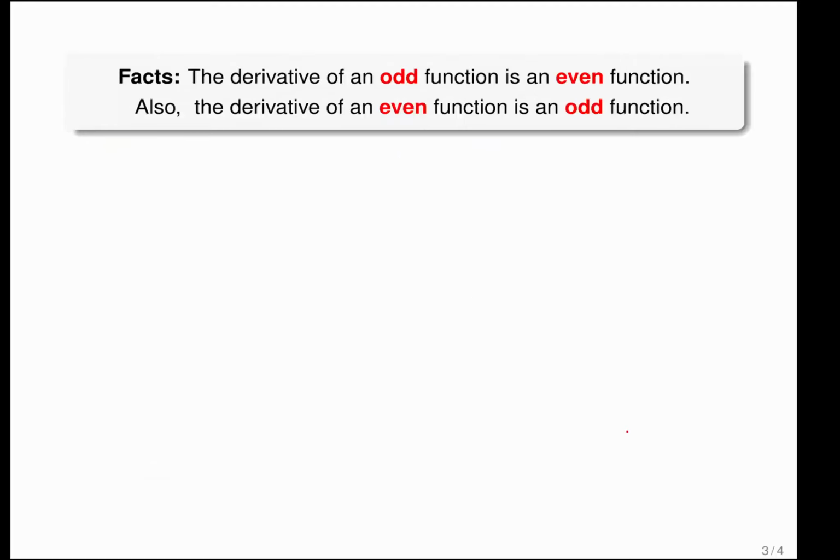That is, if you differentiate any odd function, you will get an even function. And moreover, if you differentiate any even function, you will get an odd function. The general proof of this is beyond the scope of this module, but can be proved using differentiation from first principles. Let's now give an example of an even function whose derivative is an odd function.